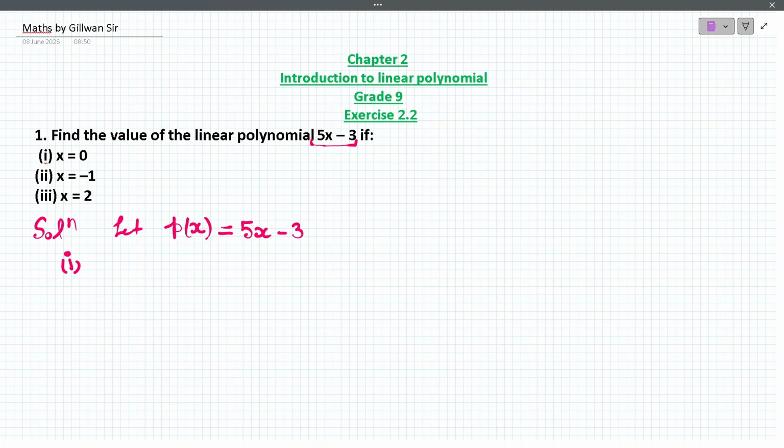what we are supposed to do is find the value of the polynomial that is given here at x equals 0.